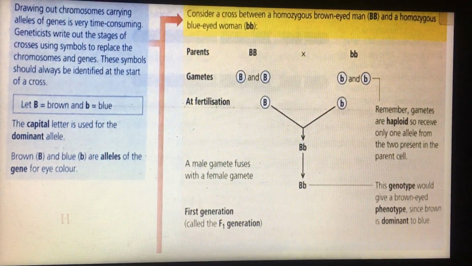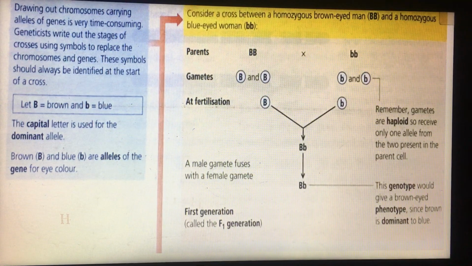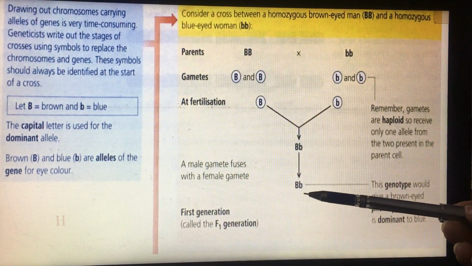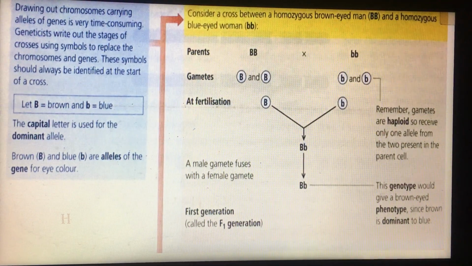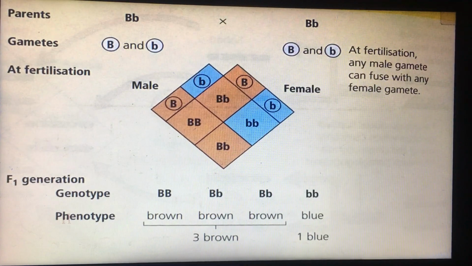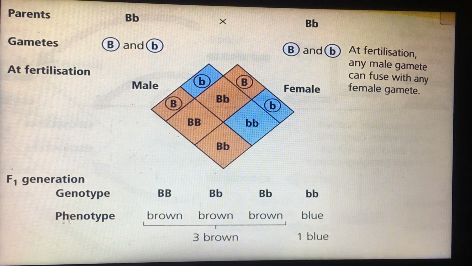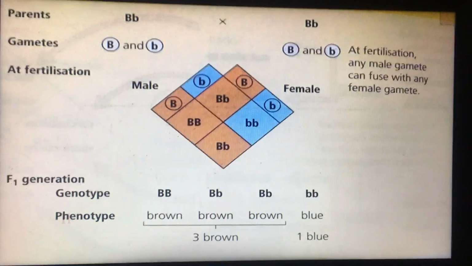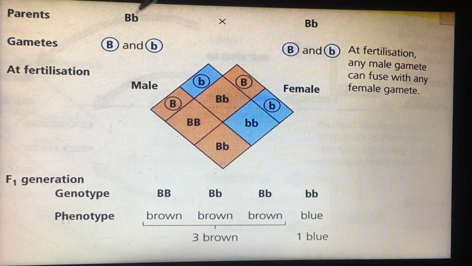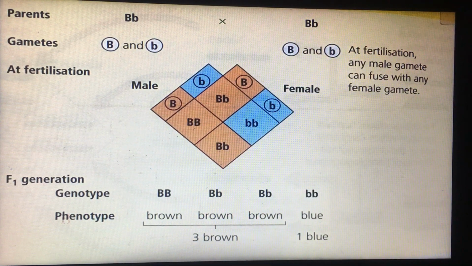Okay. Now let's see what will happen if we make a cross between two heterozygous parents. So here we have two heterozygous parents. And as we said, heterozygous means both alternative alleles are present in one homologous pair. So here we have two alleles.